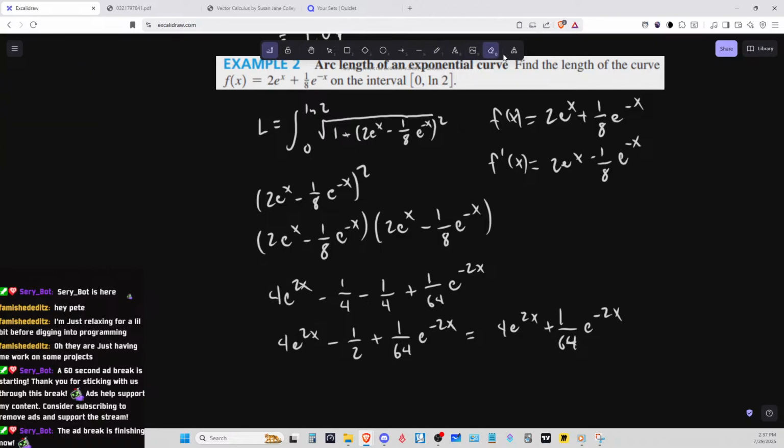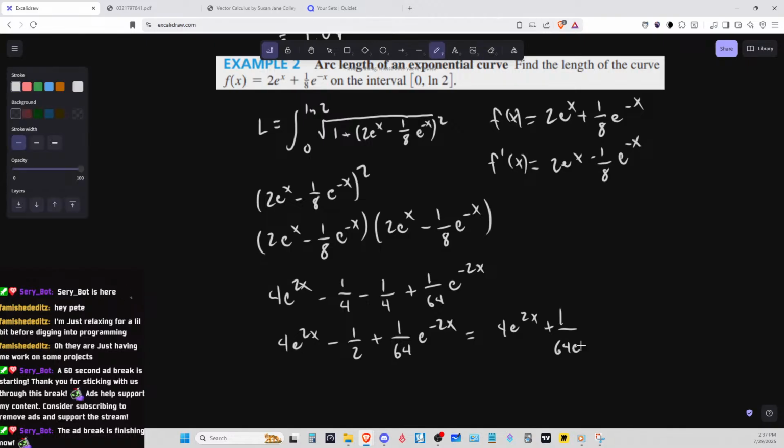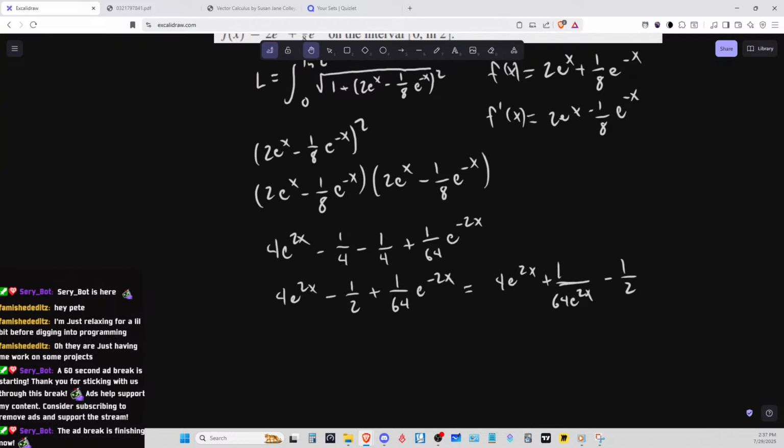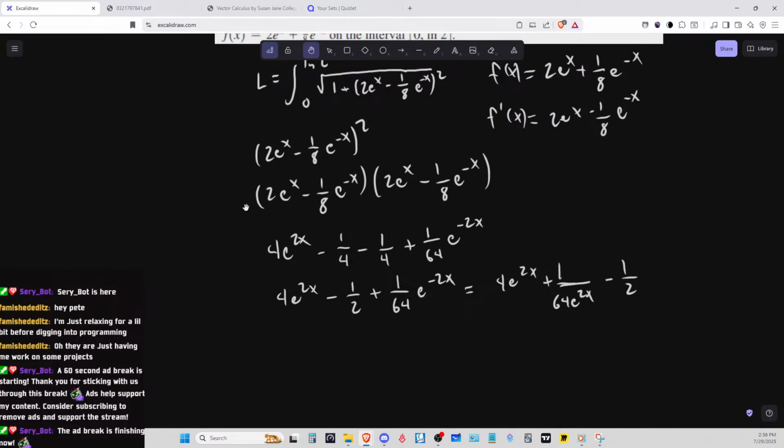Actually, we can probably write this to make it look nicer. So we can write there. And then -1/2. Okay, so that's going to be quite... I mean... Oh, never mind.